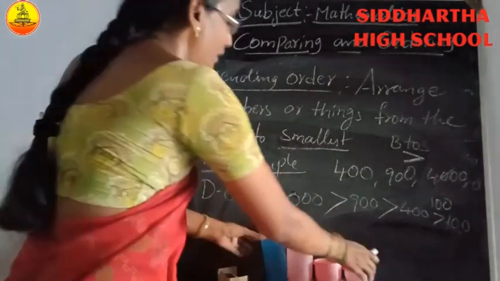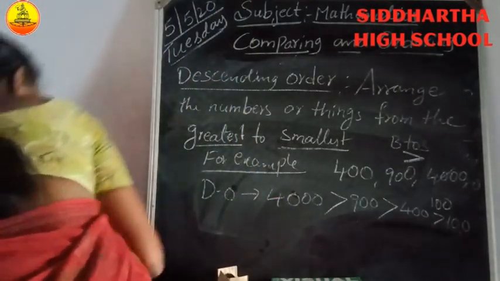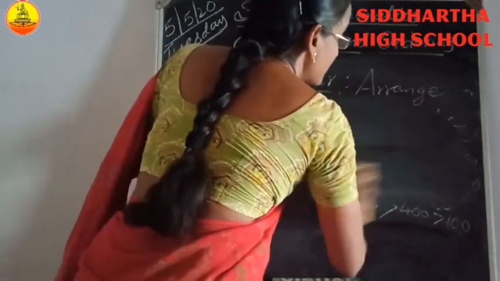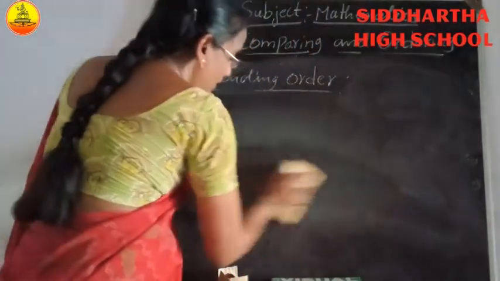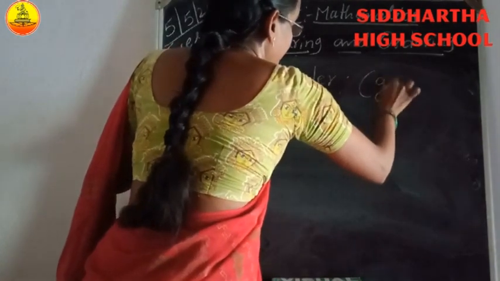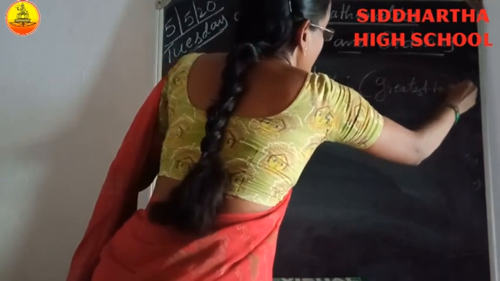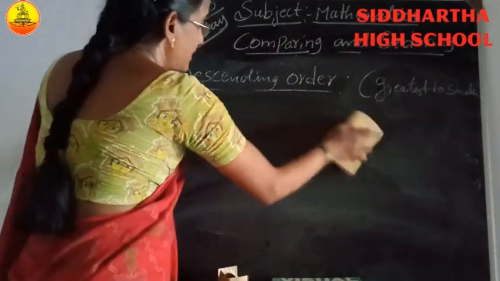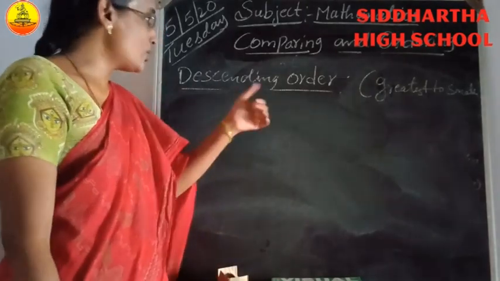Now I will explain how to arrange these numbers in descending order by example. Descending order means arrange the numbers or things from the greatest to smallest.